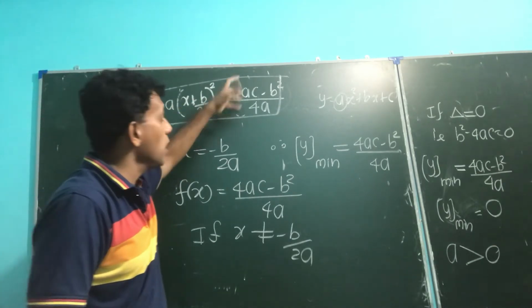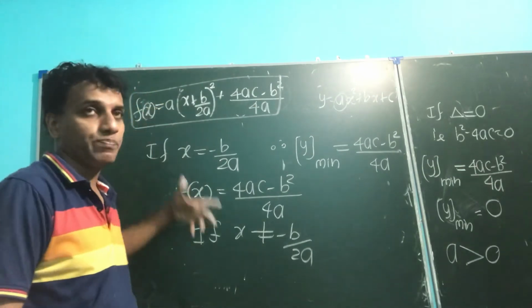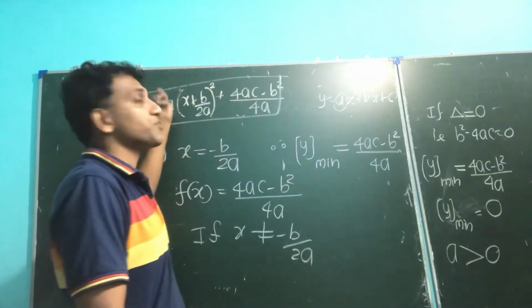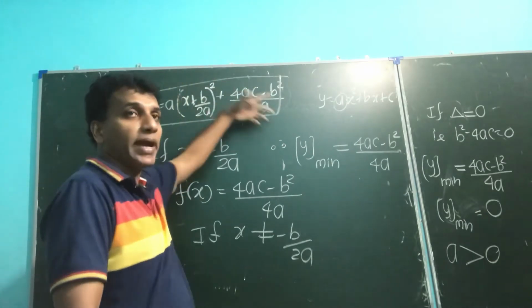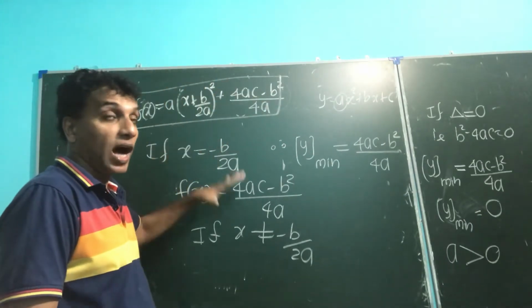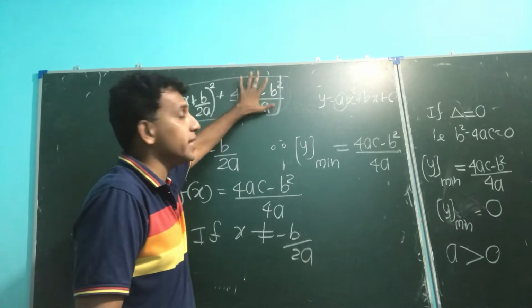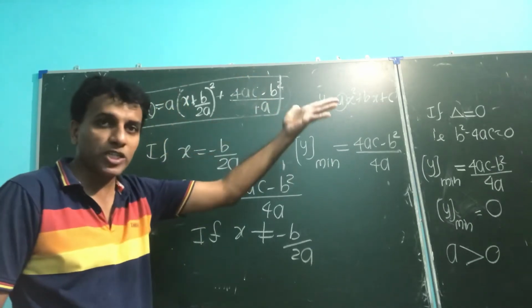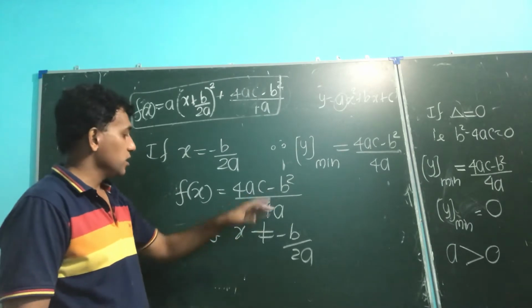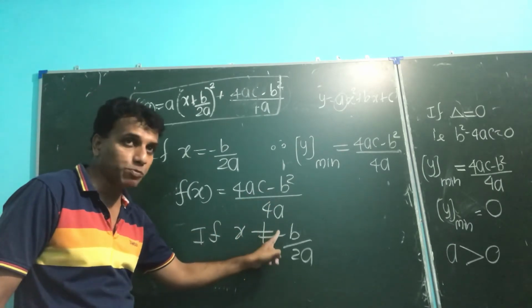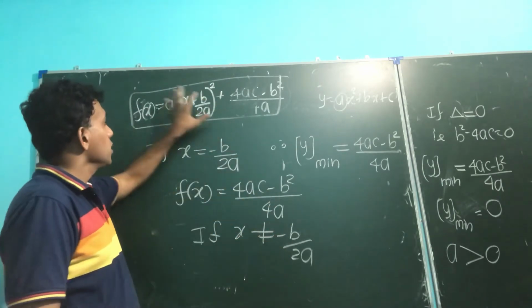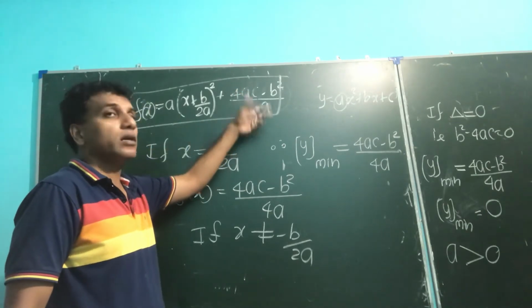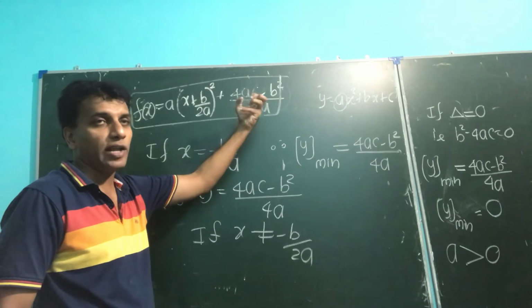For example, 100 minus 7, 100 minus 3, 100 minus 50. Therefore, the answer comes smaller than this. Can you agree with this? If x never takes minus b over 2a, the f(x) answer is smaller than the last constant value.